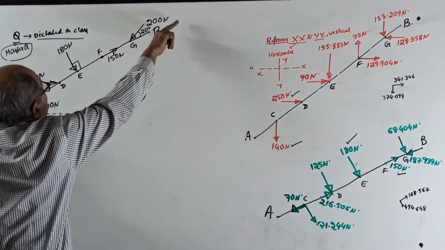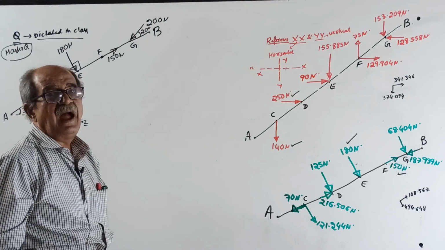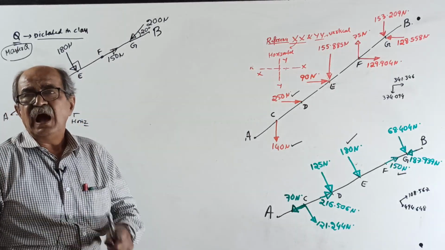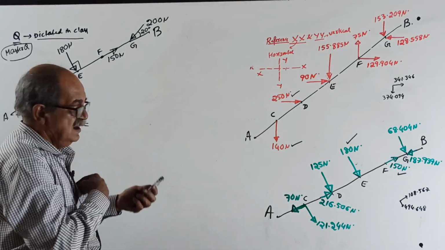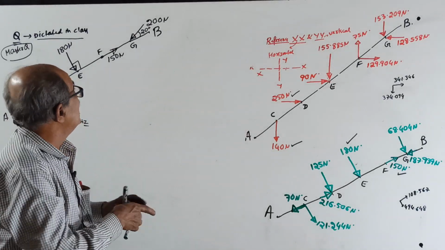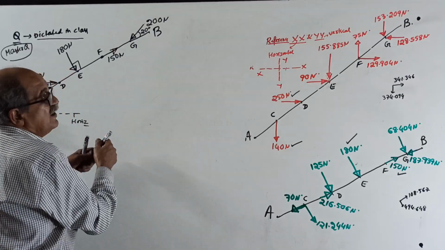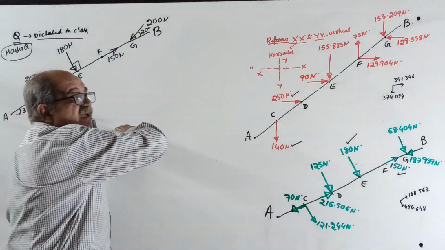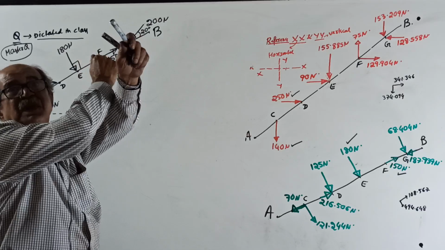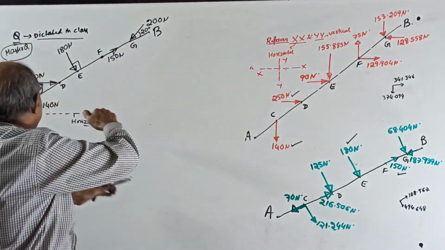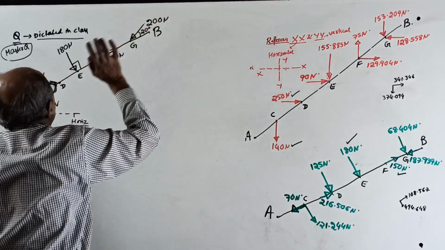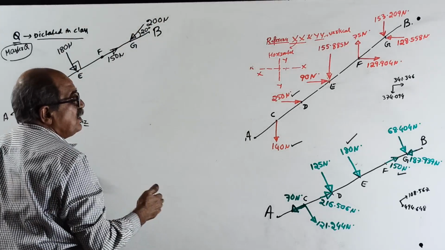For all these forces, resolve and get the components. Our main purpose in the question is to get the components in two mutually perpendicular axes. One of them is along the plane, other is perpendicular to the plane.